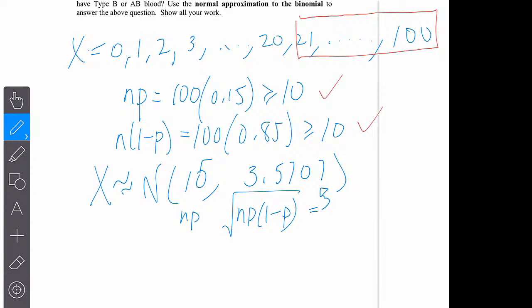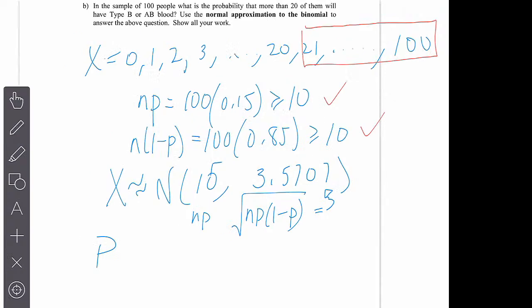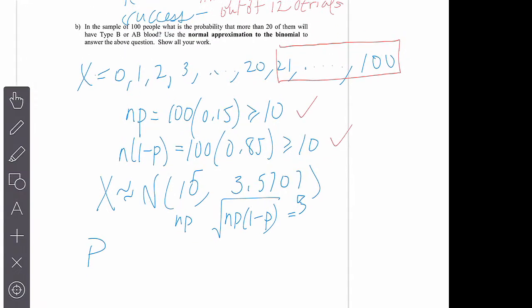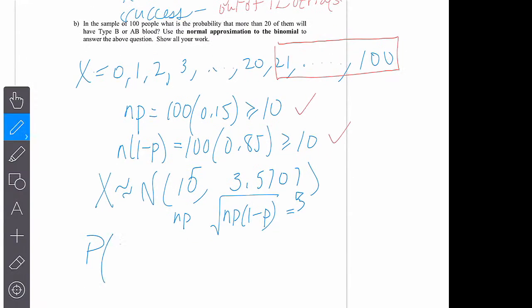Okay? So now we calculate the probability as though we're dealing with a normal distribution, answering the question: the probability that X is greater than 20 is what we want to answer. So it's an approximation. With an approximation, we standardize.